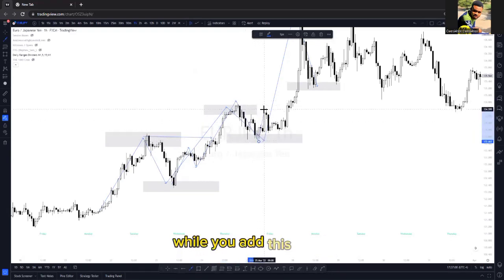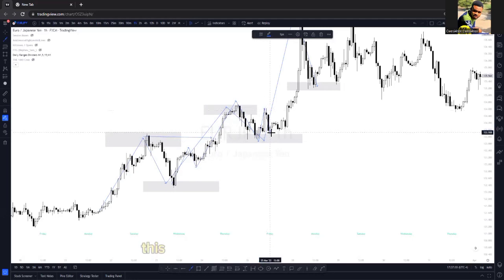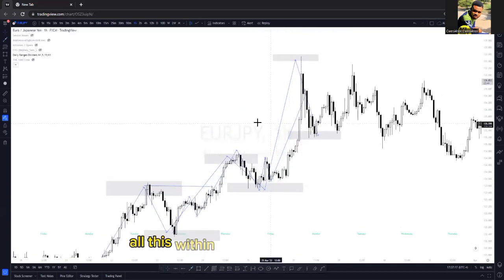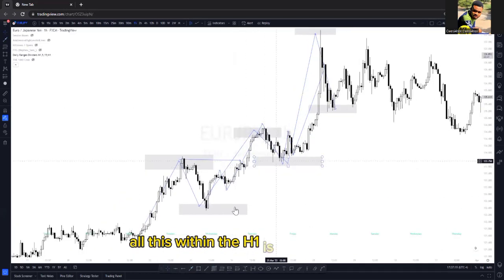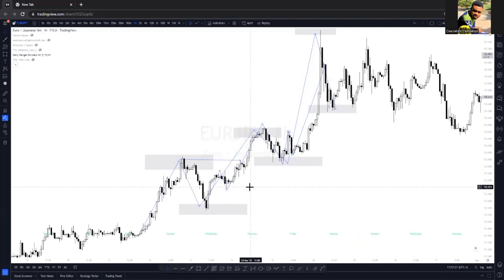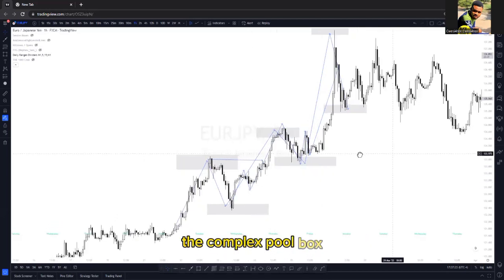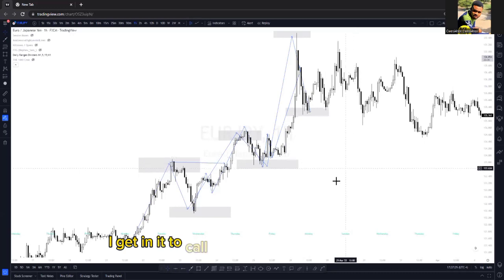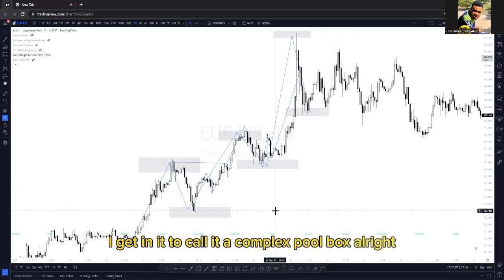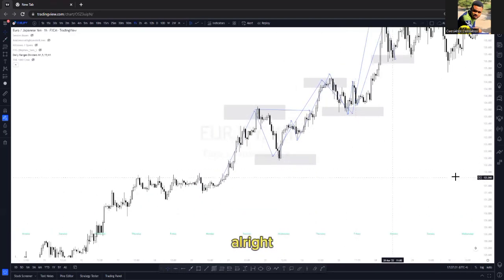Over here we had this again, before price went up again. So all this within the H1 is what we call the complex pullbacks. Are you getting it? We call it the complex pullbacks, right? All right.